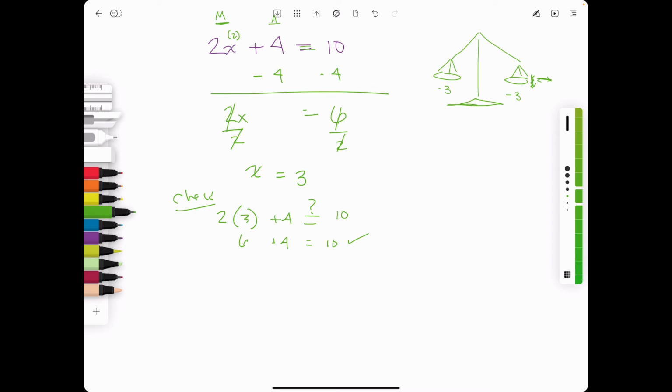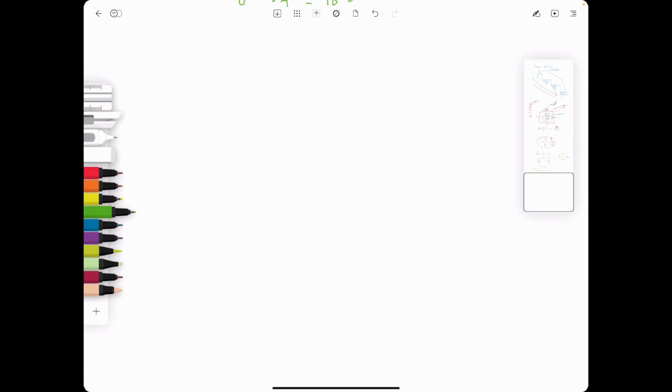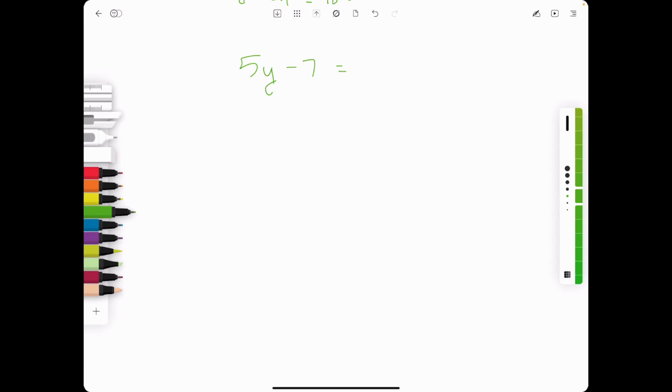Ready for more complex? I'm going to try and go fast to get to the way more complex stuff that you are facing. So something like, again, I'm making it up, so I don't know how pretty it'll be: 5y minus 7 equals, I don't know, 2y plus 10. This might not be very pretty.